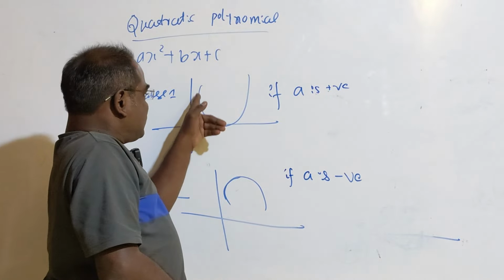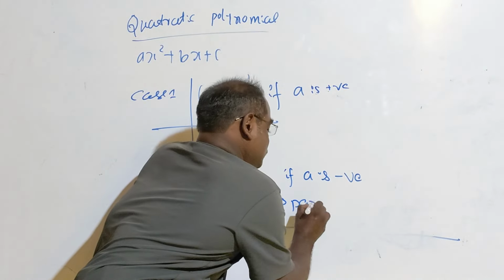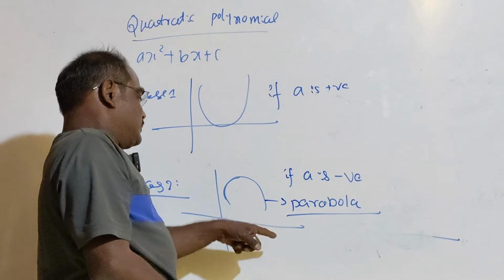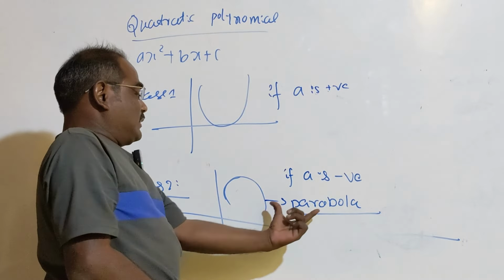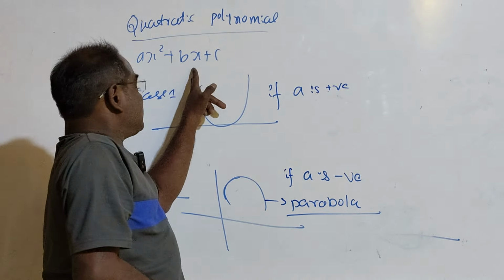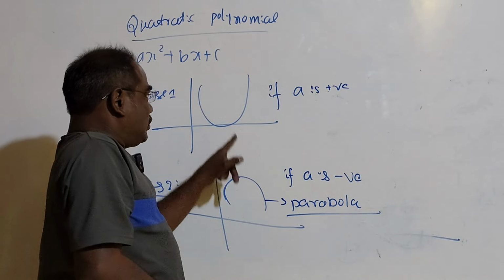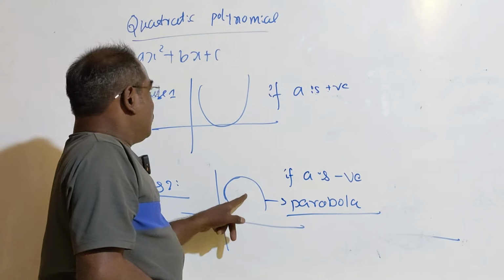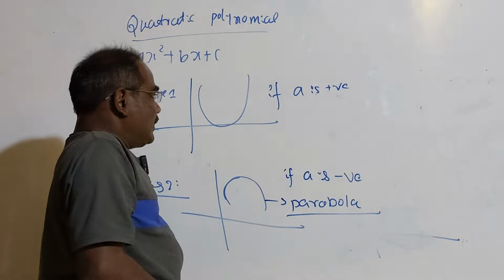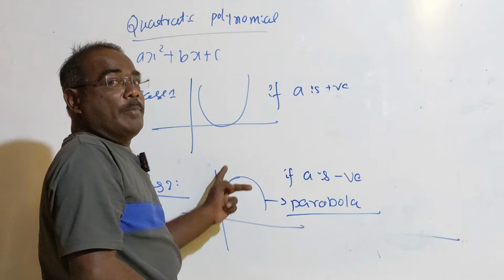This particular U shape is called a parabola. In mathematics, we call it a parabola. Ax square plus bx plus c is a quadratic polynomial. These are the two possible shapes of quadratic polynomial. This is open upward, this is open downward.